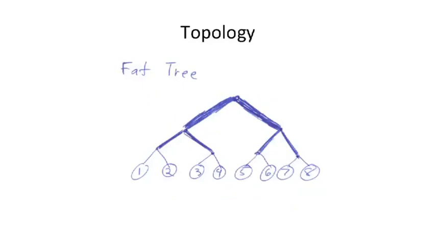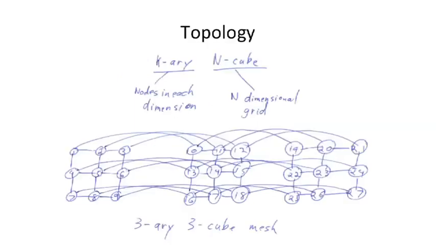You can build trees, or things called fat trees, where the links at the top of the tree get fatter or wider. And we'll talk about this next time, but the generalized case of these meshes, you end up with things that are called k-ary n-cubes, where you can very concisely, with 2 numbers, describe a network topology. OK, let's stop here for today.